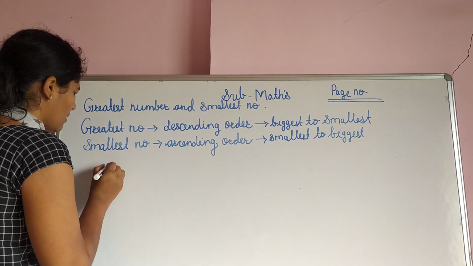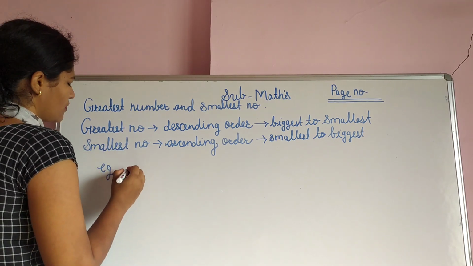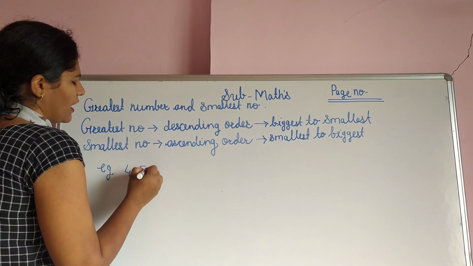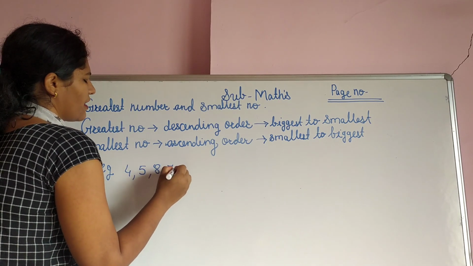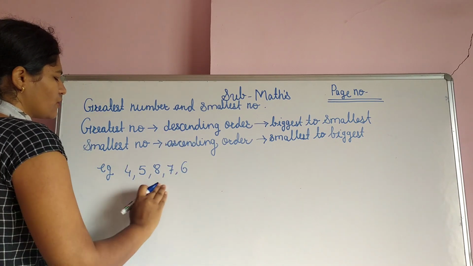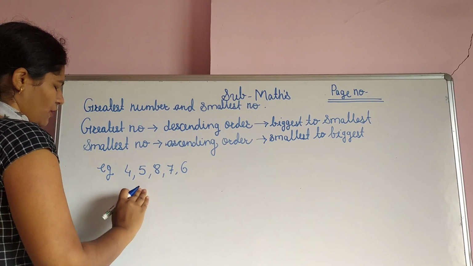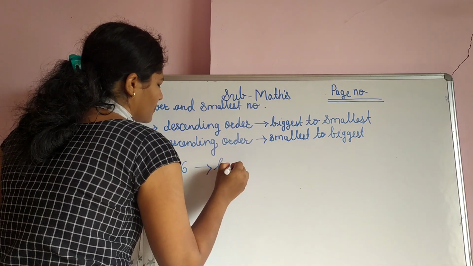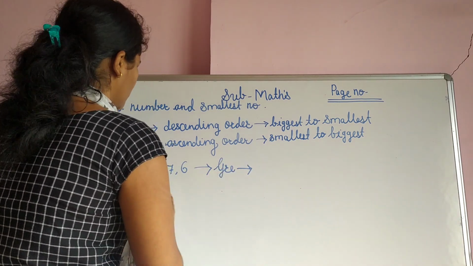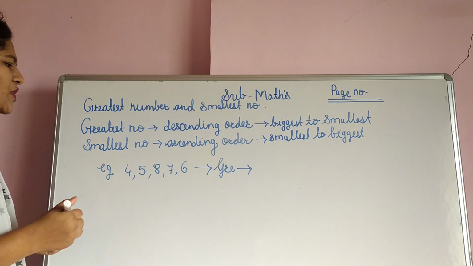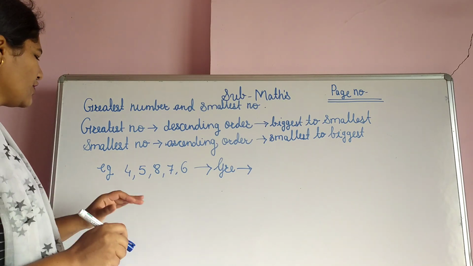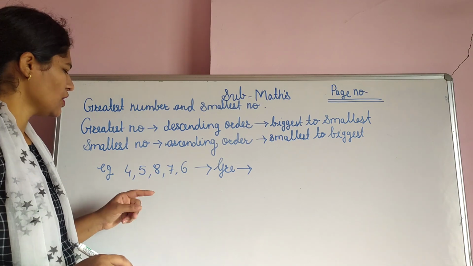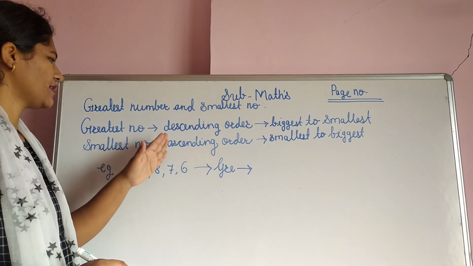So first example, we write any number randomly. Suppose 4, 5, 8, 7, 6. So student, from this we have to make the greatest number. So what is the greatest number? From here which number can we make? We have to arrange these digits in descending order.